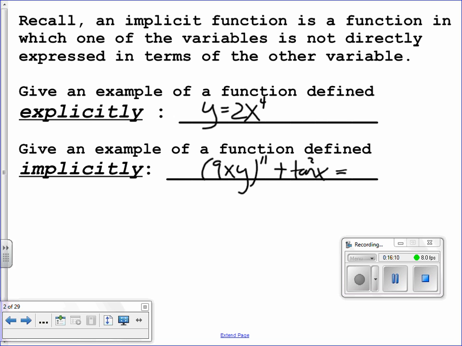Let's put some y's on the other side too. Let's go crazy. Let's make it a mess. 9,000. What is with this 9,000? All right, whatever it is, as long as you don't have one variable all by itself, it's implicit. Now I'm going to copy and paste this right into a test. Okay.